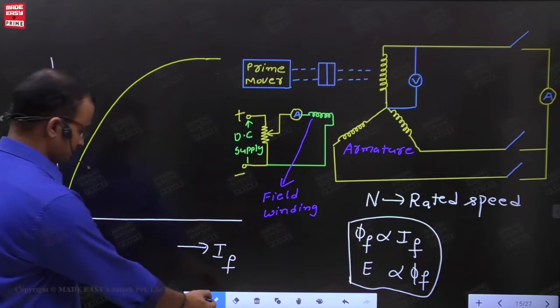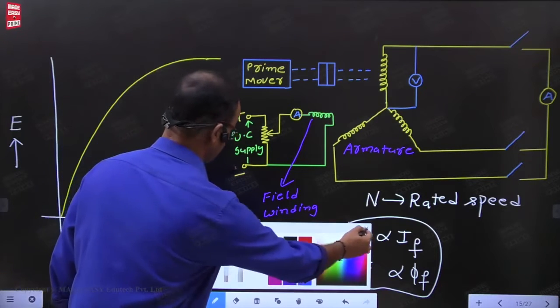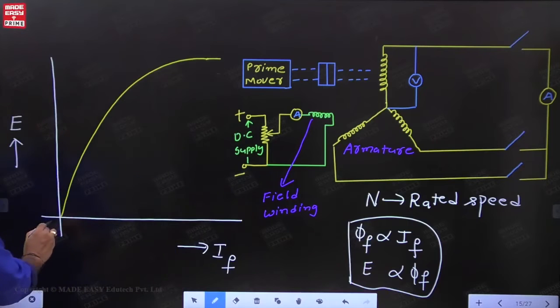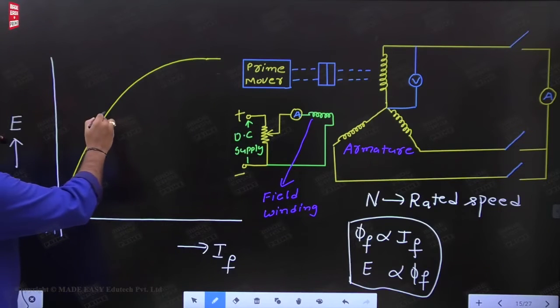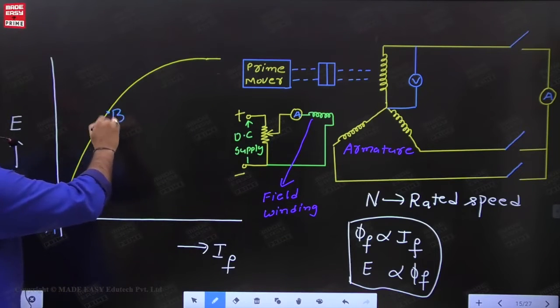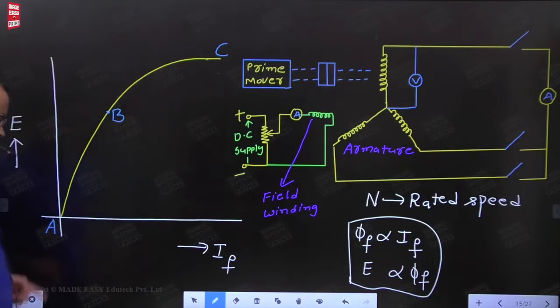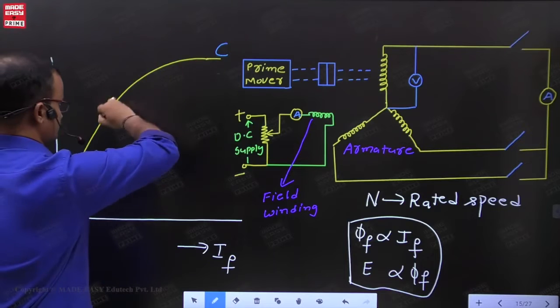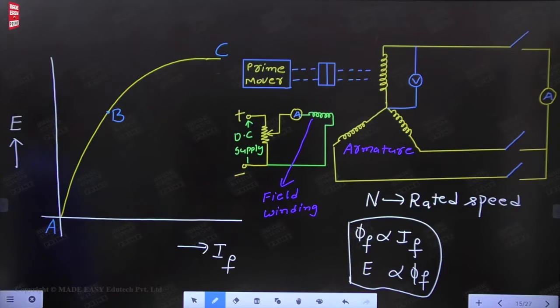Then in this example, here AB corresponds to the unsaturation region. What about BC? BC corresponds to the saturation region.